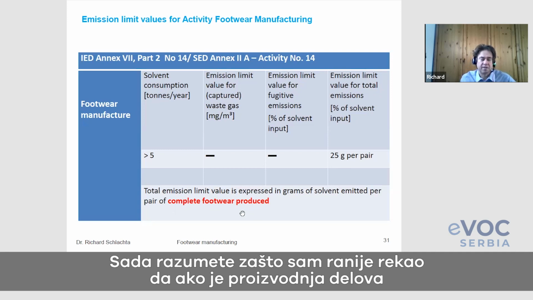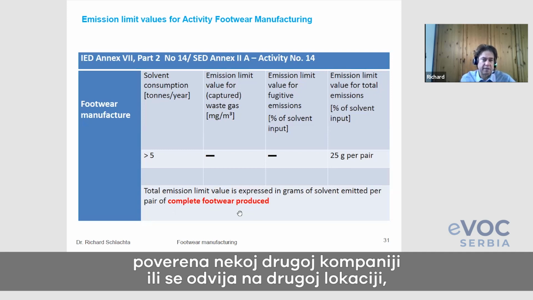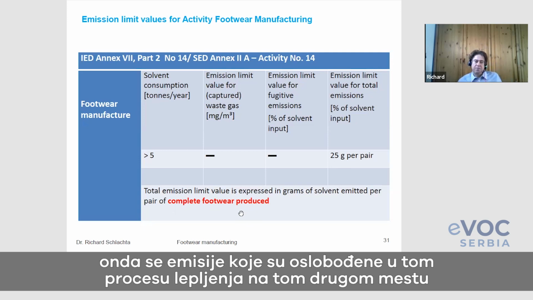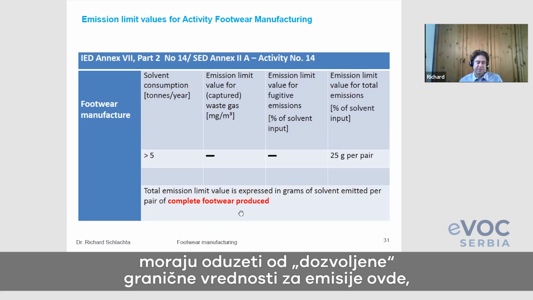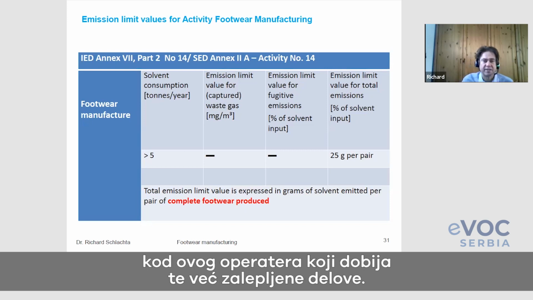If parts are outsourced and done maybe by a sister installation or at a different site, it's clear that the one doing the final manufacturing work may receive parts that are already glued, for example the upper or the insole. Of course, the emissions that took place in a different installation must be subtracted from the total limit value here.